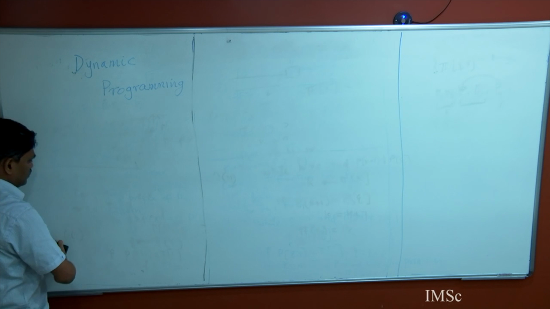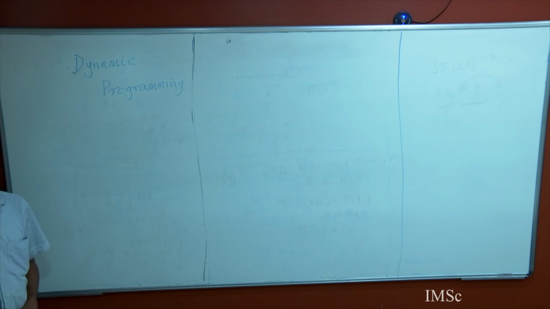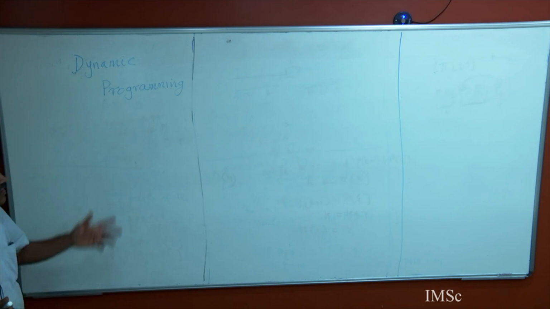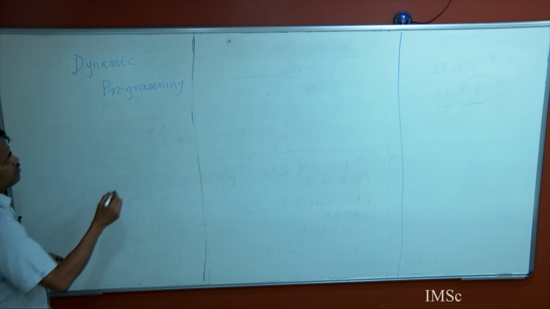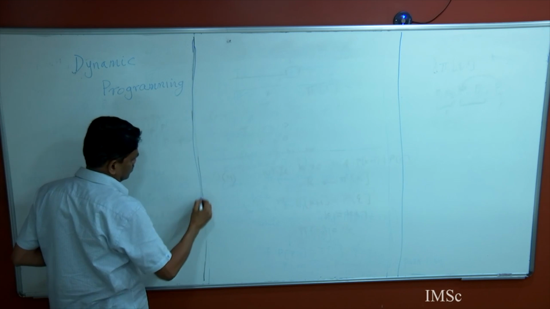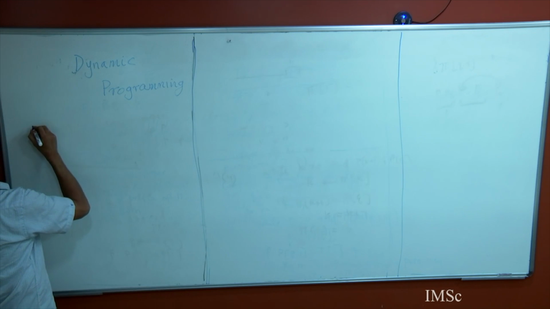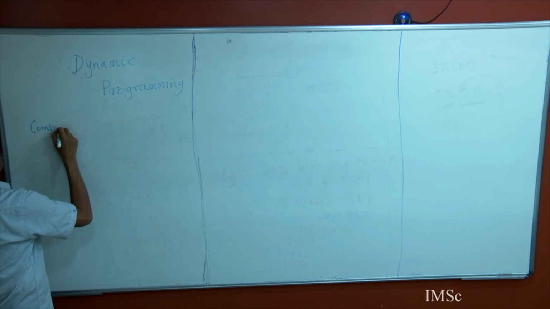So we are going to look at this other powerful algorithmic technique, dynamic programming. Let me start with the following example: a simple example of computing Fibonacci numbers.